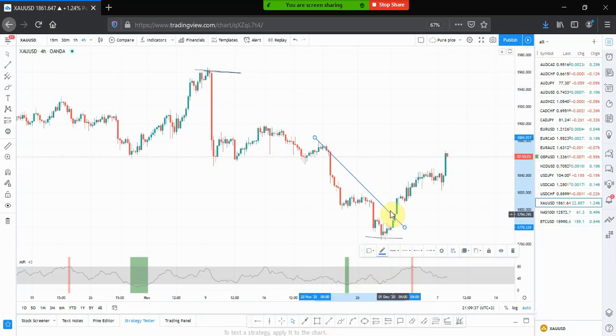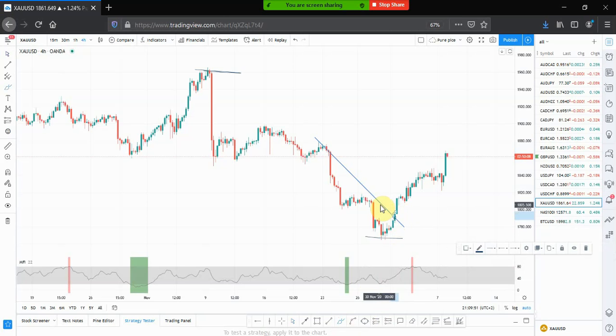And if a downward flow is broken, guys, you need to know that it is a sign that the market is going on the opposite side. But there is something that I want you guys to pay attention to, something which we spoke about a while ago, which is territories.